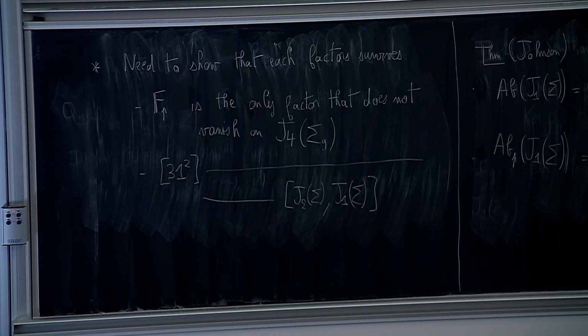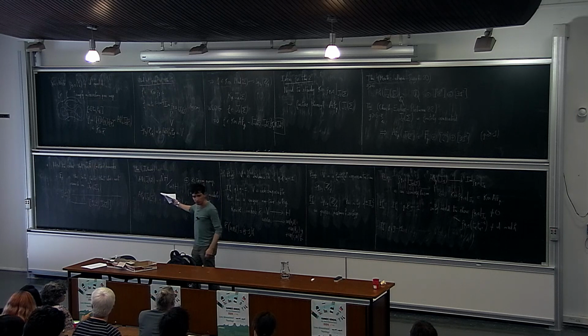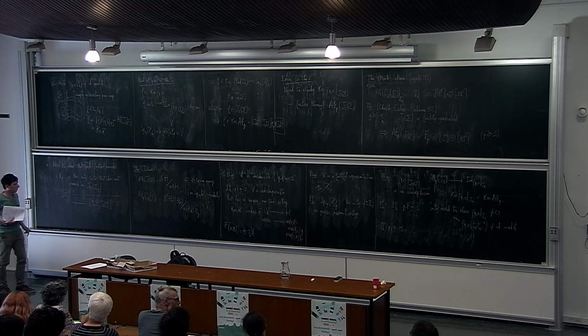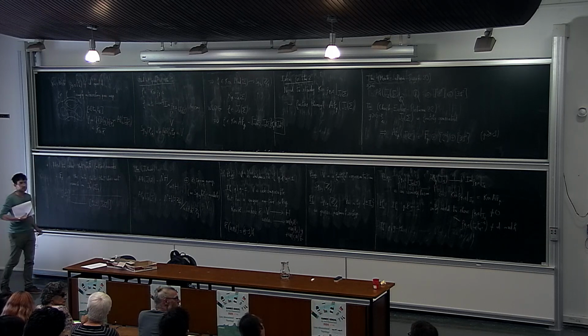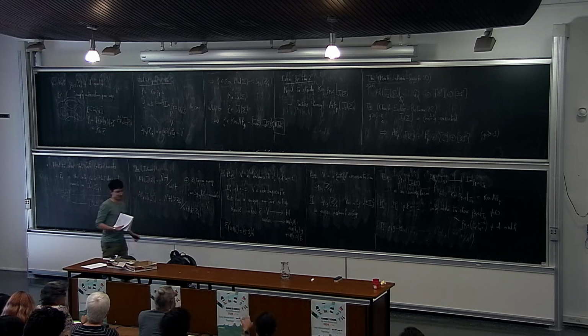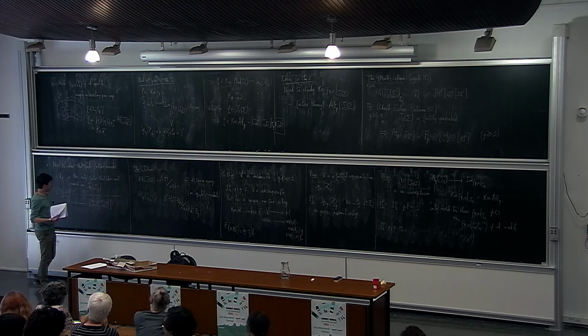So I have a map from J2 to F_p, a map from J2 to box 2 square, a map from J2 to box 3, 1 square. And I say that the only map of these three that does not vanish on J4 is the first factor. Okay, so you have those two facts.